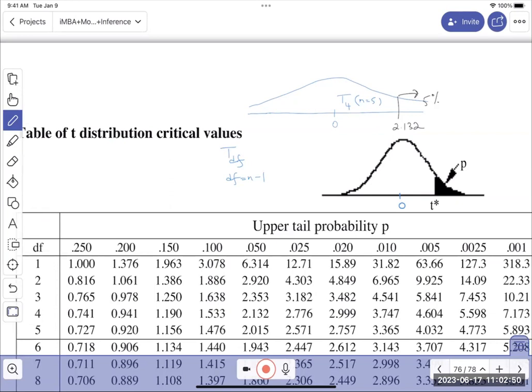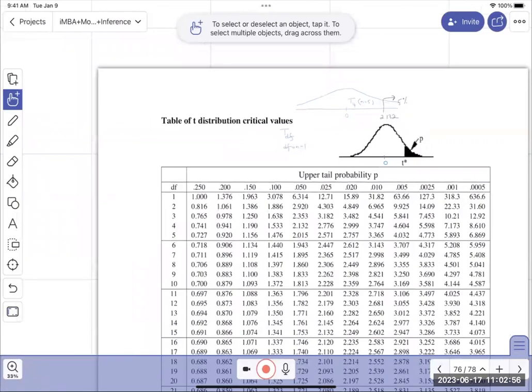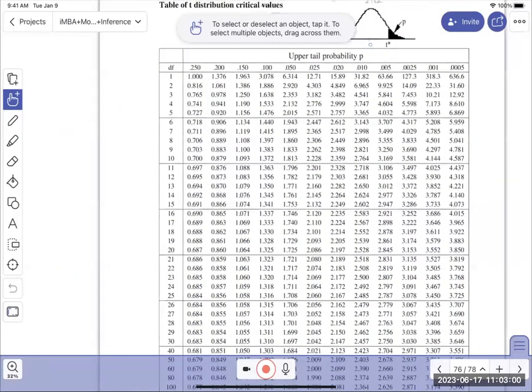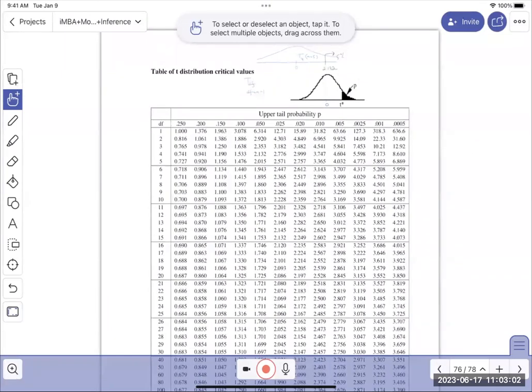All right, now let's go to a degrees of freedom of 40. Do we have that? Yeah, we do. So tell me, if we have a degrees of freedom of 40, where would you be for 5% in the tail?